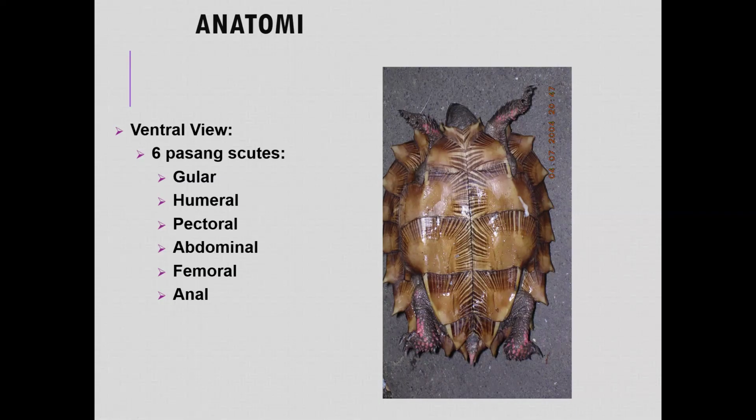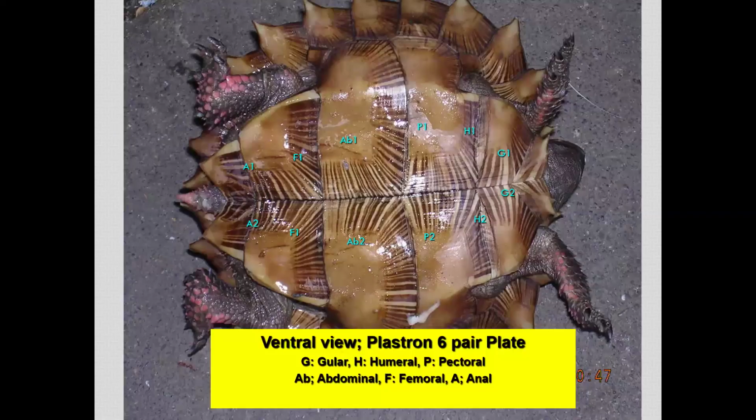These 6 pairs of scutes are very standard, the same in all of their species. This is the gular one. This is the humeral. This is the pectoral. This is the abdominal, femoral, and anal.